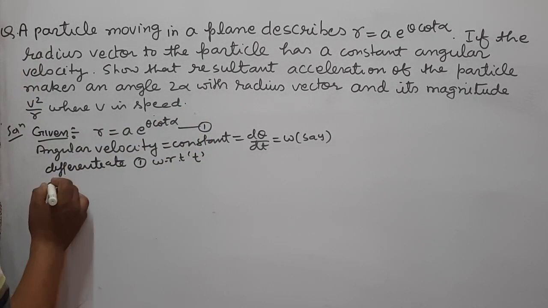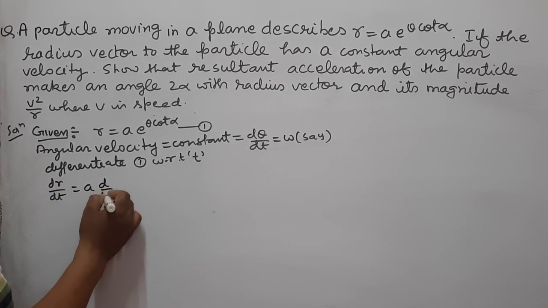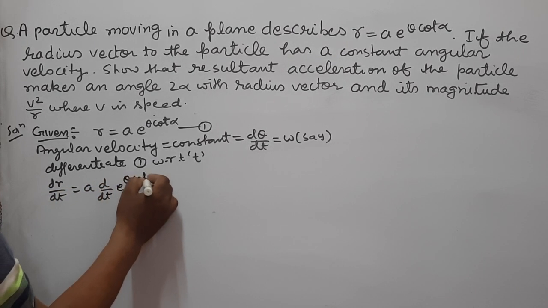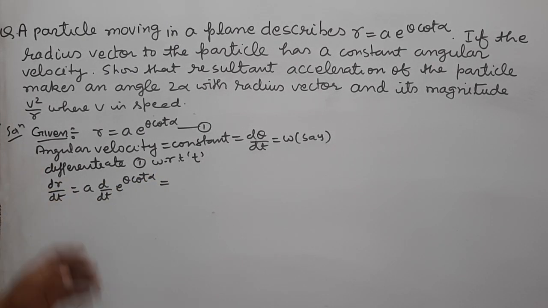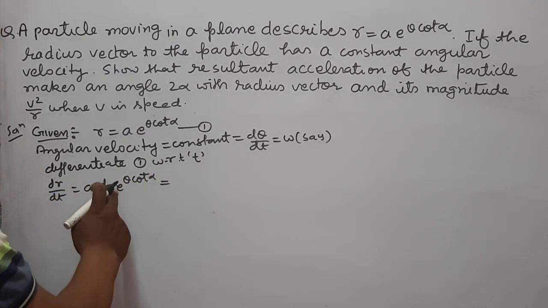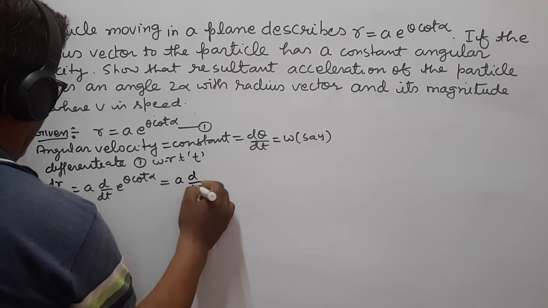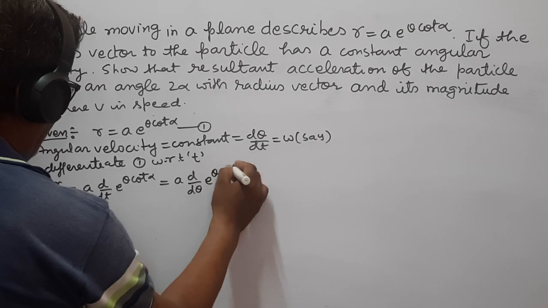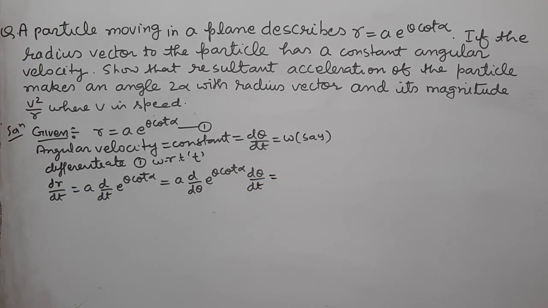So differentiate 1, we get here dr by dt. This is equal to a d by dt of e to the power theta cot alpha. Here a is the constant, so it is outside the differential operator. Now we differentiate this, cot alpha is also constant. So this can be written as d by d theta of e to the power theta cot alpha multiplied by d theta upon dt.